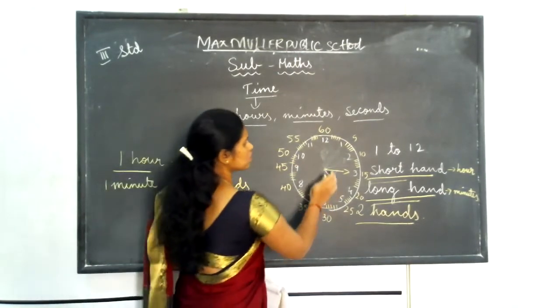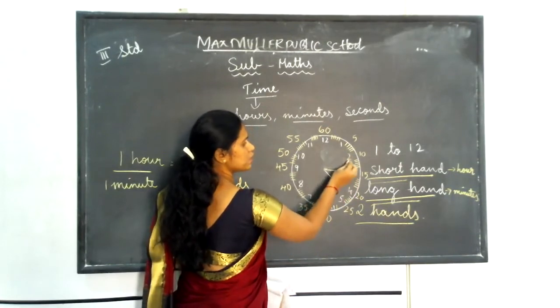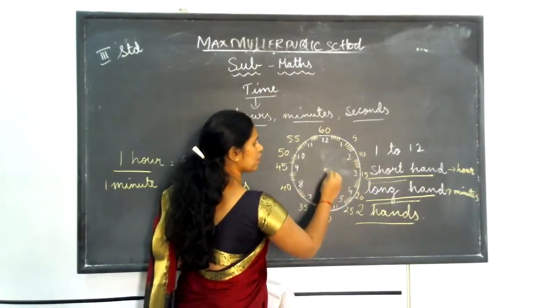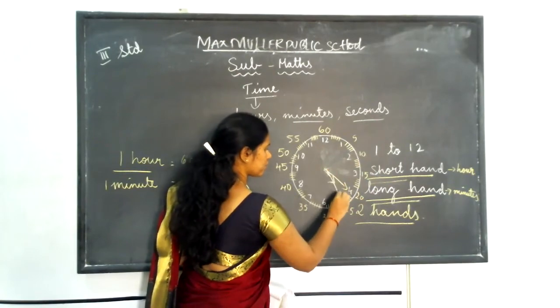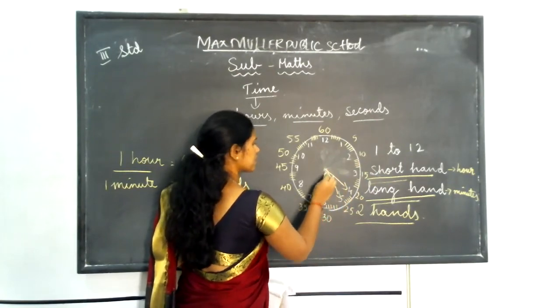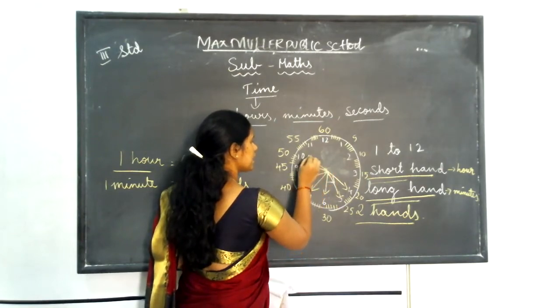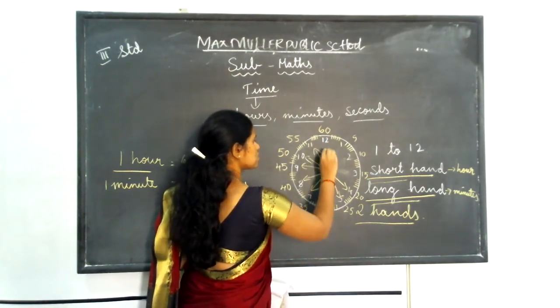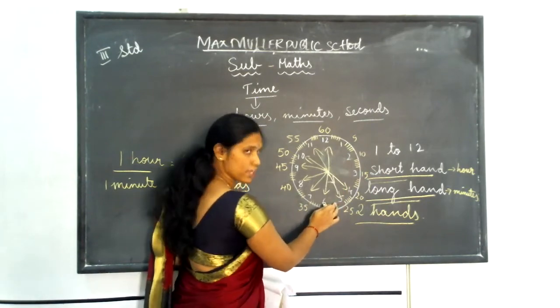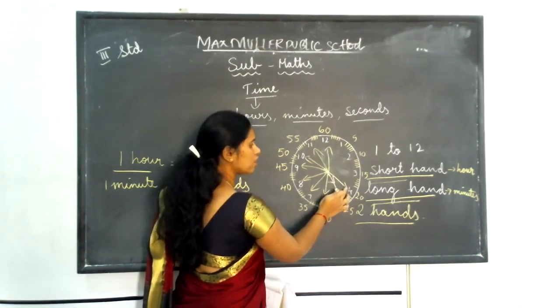So see here, now slowly it is moving 1, 2, 3, slowly it will go to 4, then 5, then 6, then 7, 8, 9, 10, 11, 12. So next what will happen? It will become 5 o'clock. It was 4 o'clock, 4:20.